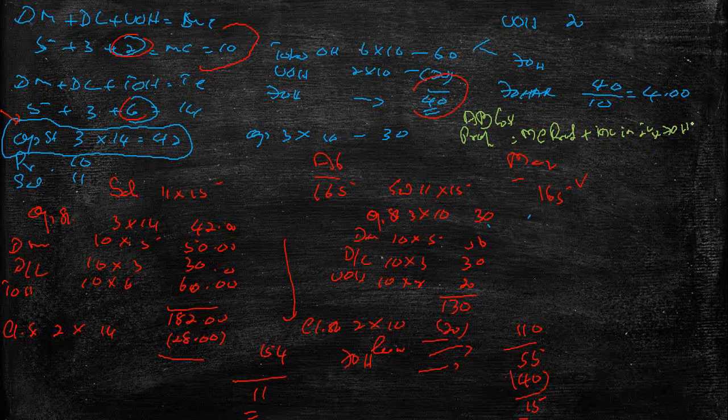Now apply that formula. Marginal cost profit, how much? 15. Now what happened to the stock? Opening stock was 3. Closing stock is 2.